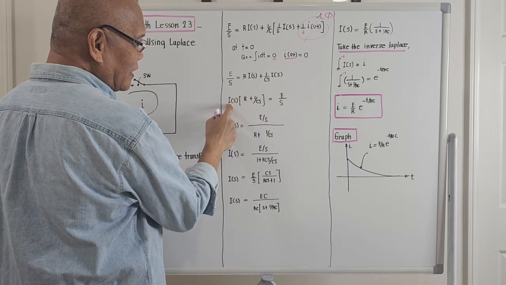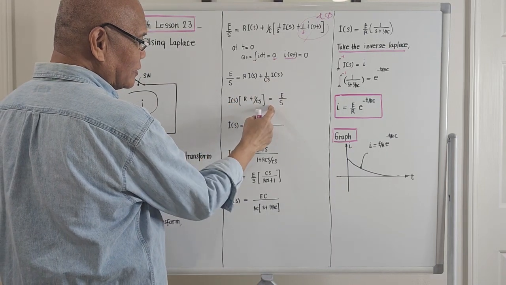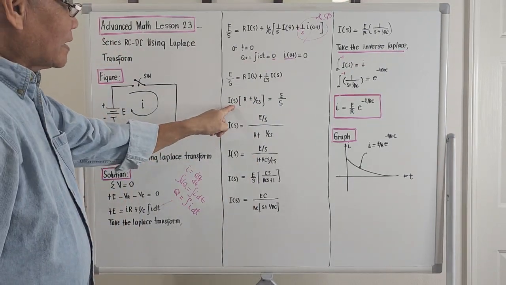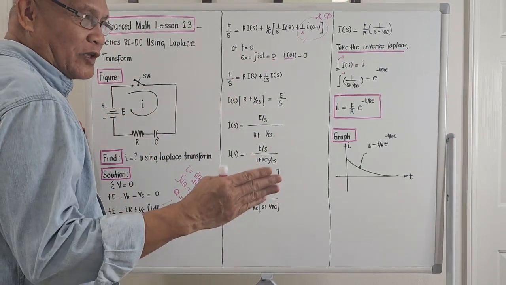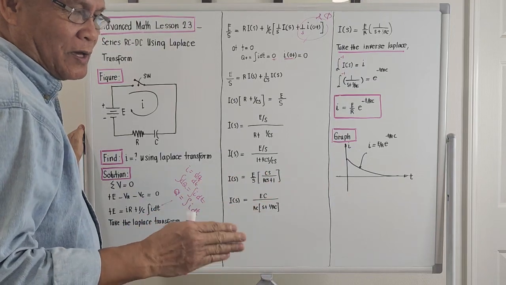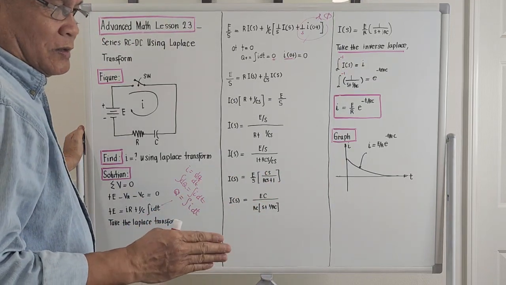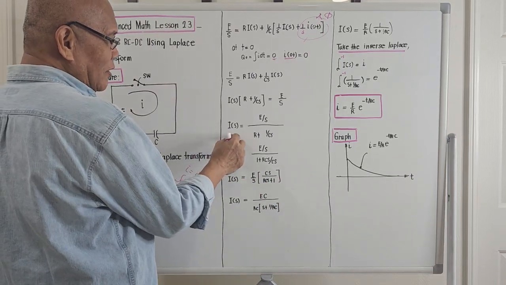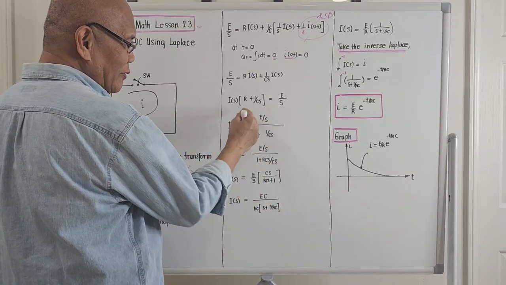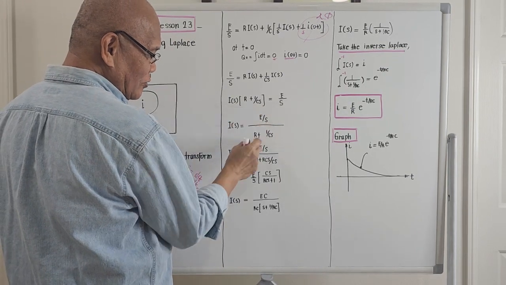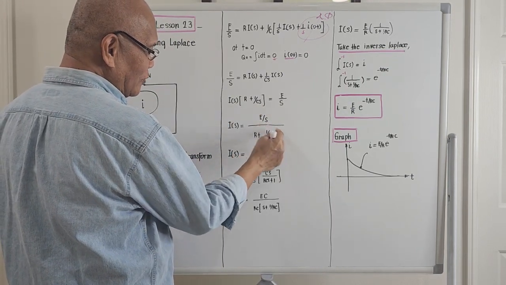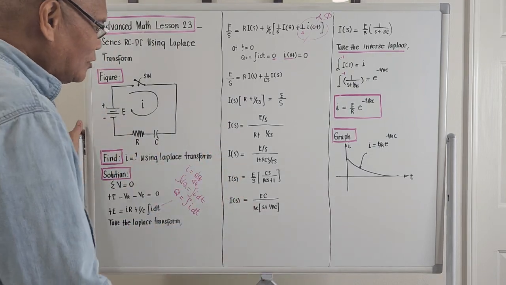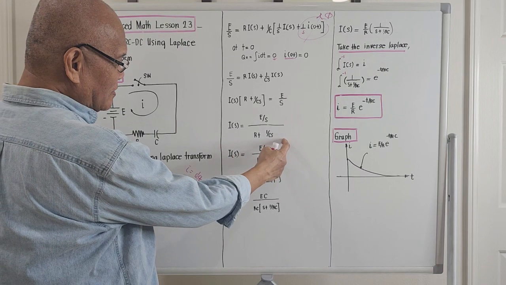The common factor is I as a function of S, and this should be equal to E over S. Solving for I as a function of S, that's actually what we are looking for. I as a function of S now will be equal to E over S. We will divide both sides by this quantity here, so it will become R plus 1 over CS. And by using, again, algebraic manipulation, it will just be simply E over S.